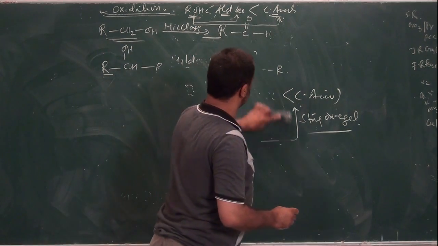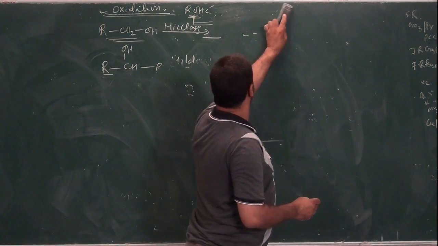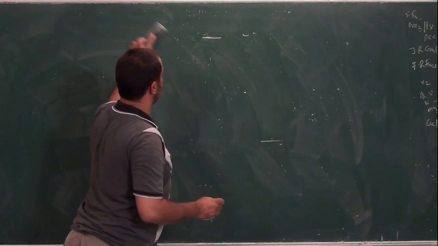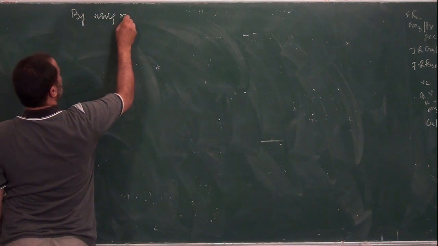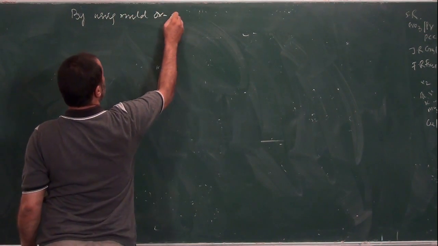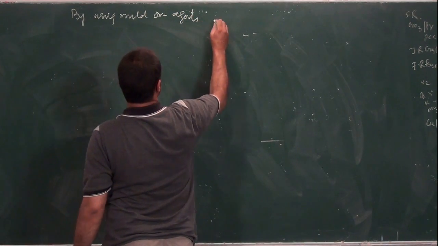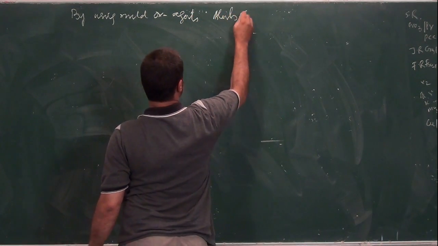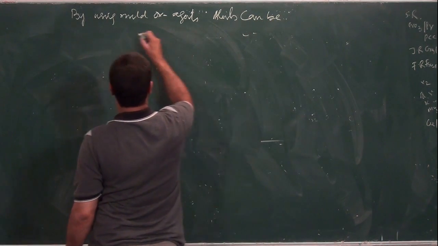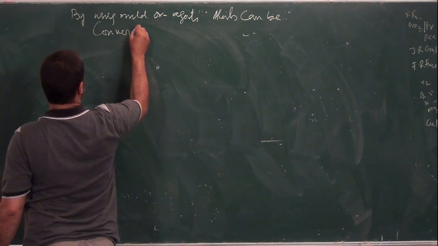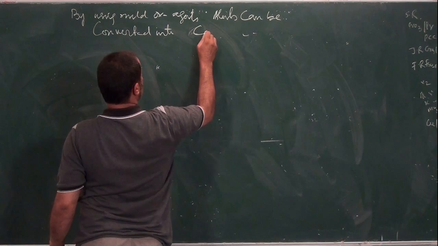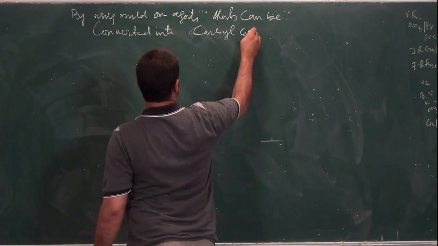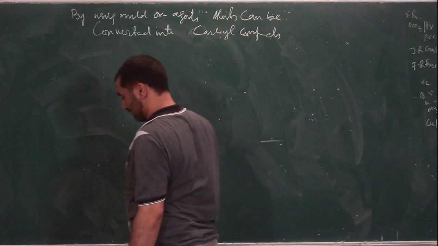By using mild oxidizing agents, alcohols can be converted into carbonyl compounds, that is aldehydes and ketones.